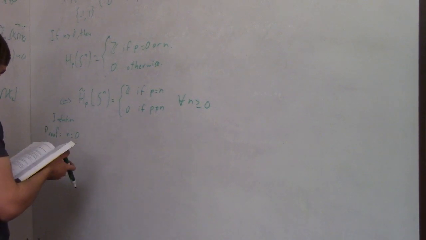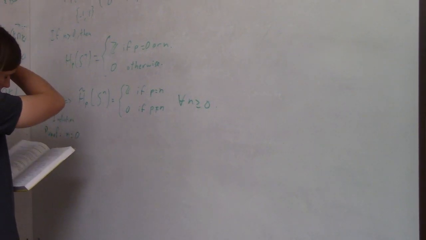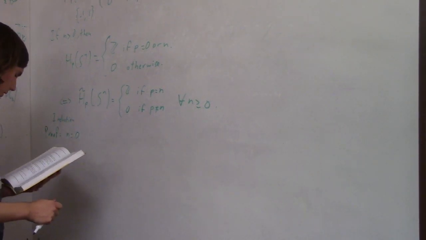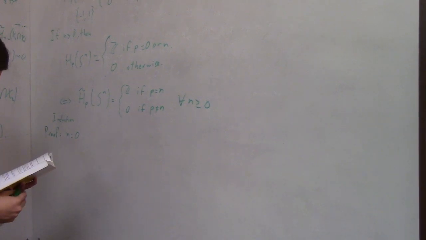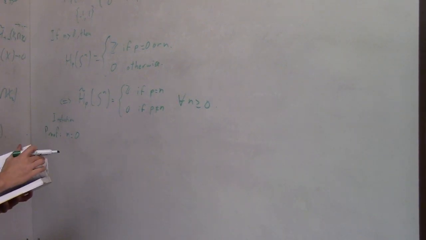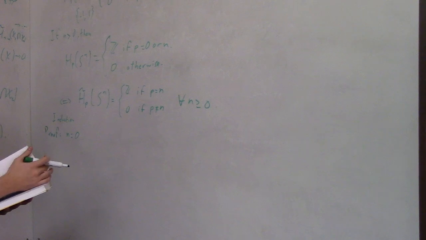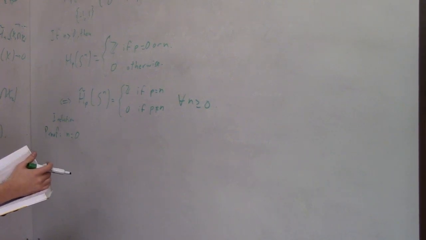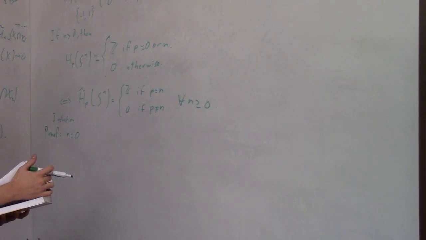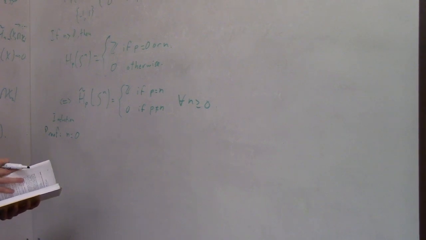Wait, hold on. The dimension axiom is for a 1-point space. This is 2 points, so I'm trying to remember this here.